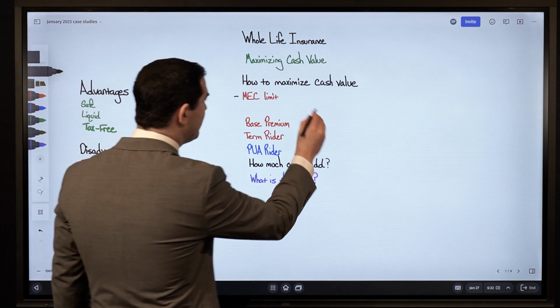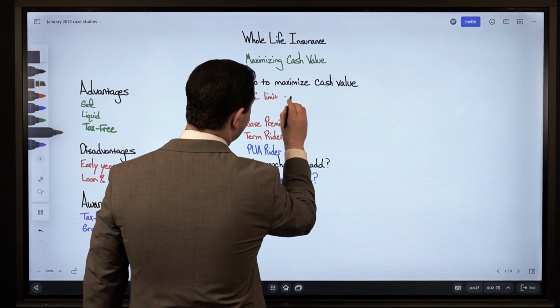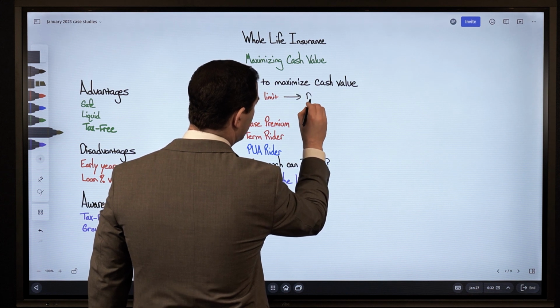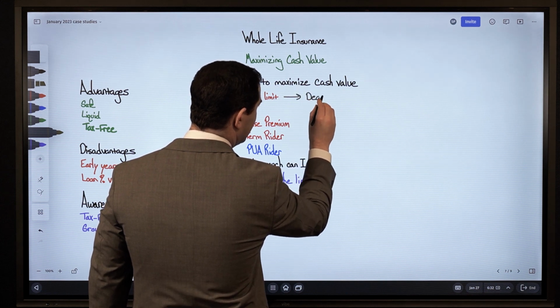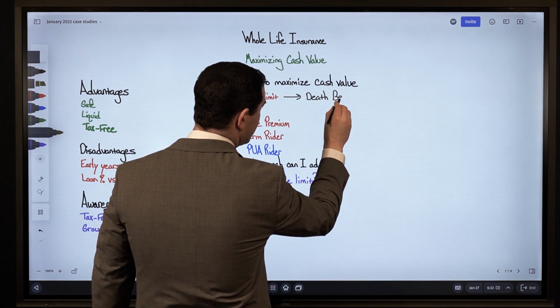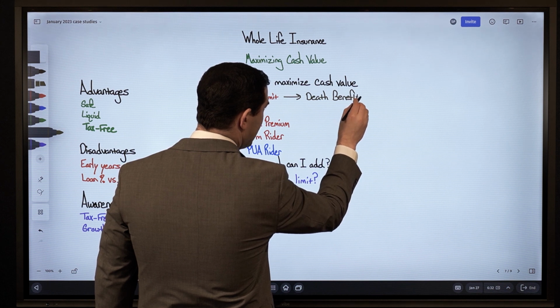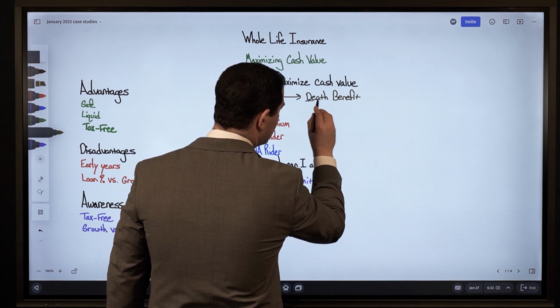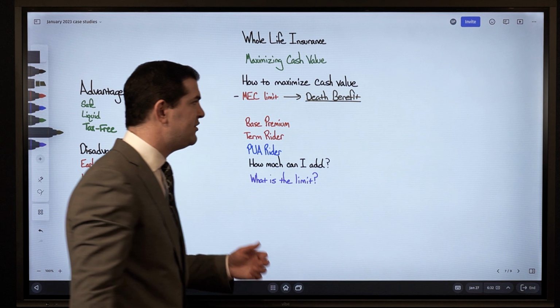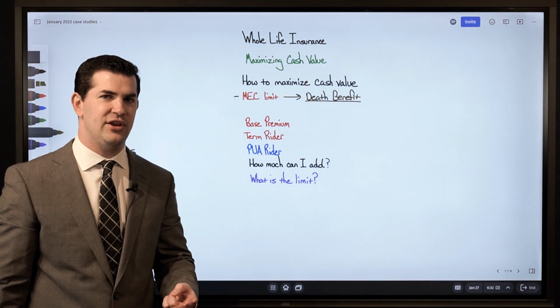How we determine the MEC limit is when we initially design a policy, and how it's done is with a total death benefit. There's a bit more to it. An individual's age and gender are a factor. The guaranteed rate on a life insurance product will also impact the MEC limit, but the biggest determining factor is an individual's age and total amount of life insurance on that policy.